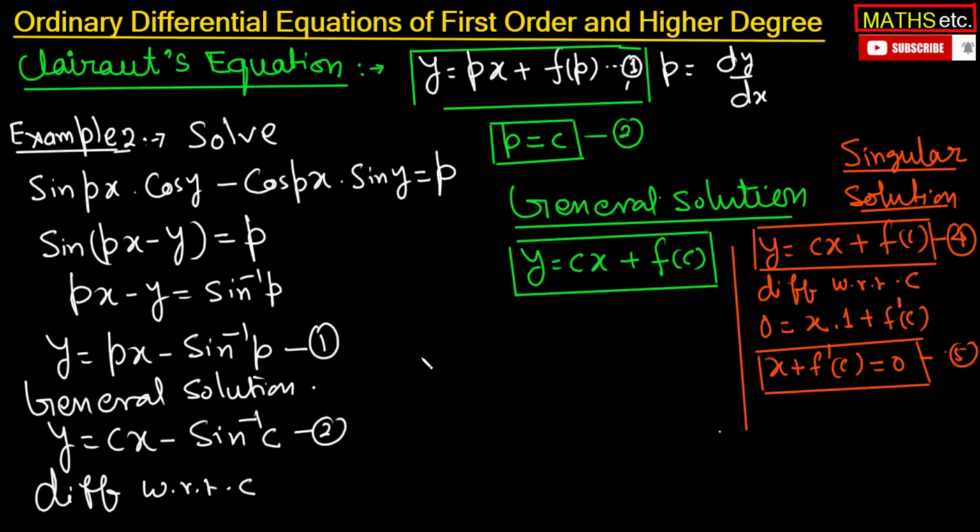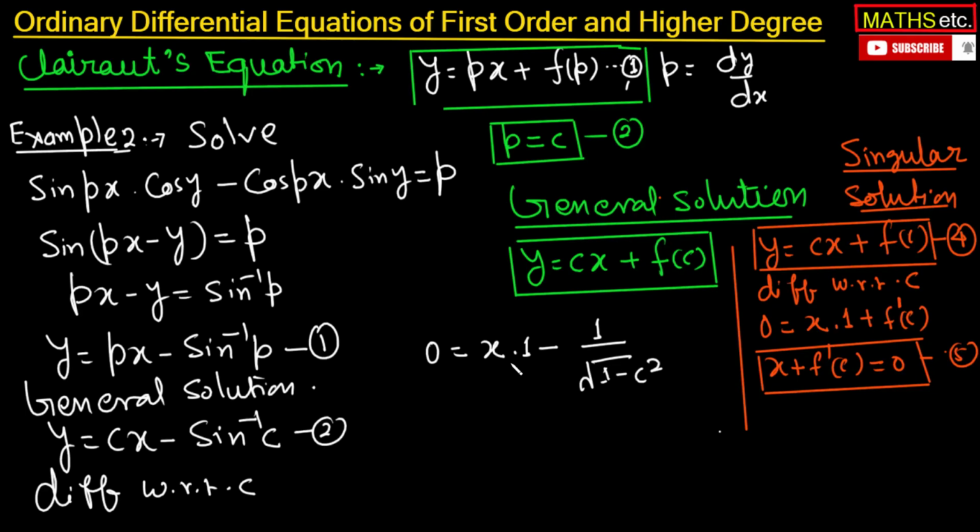So derivative of y with respect to c, it will be 0. Derivative of cx with respect to c, x will be treated as a constant, and derivative of c with respect to c, I beg your pardon, this one is 1, so it will be x, and minus sine inverse c. Derivative of sine inverse c will be 1 over square root of 1 minus c squared.